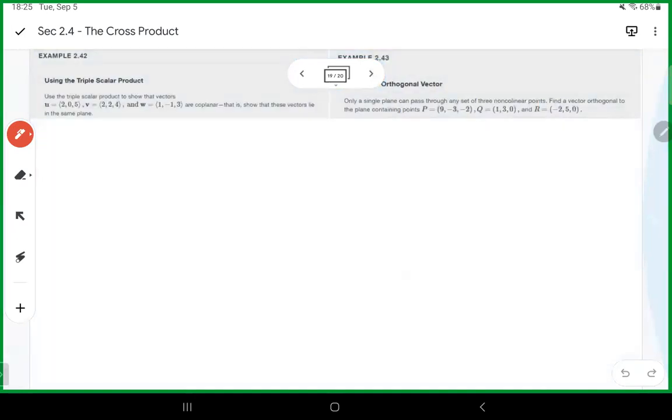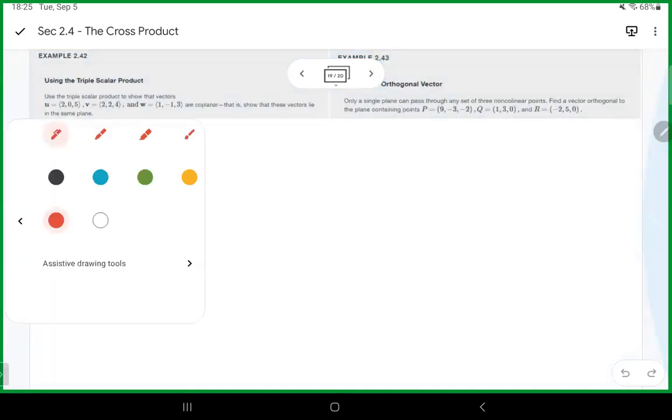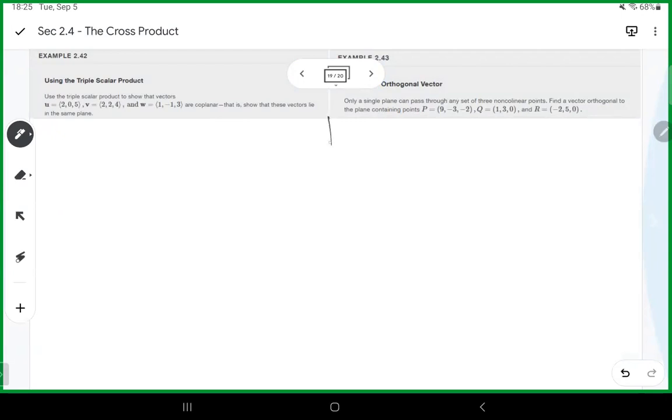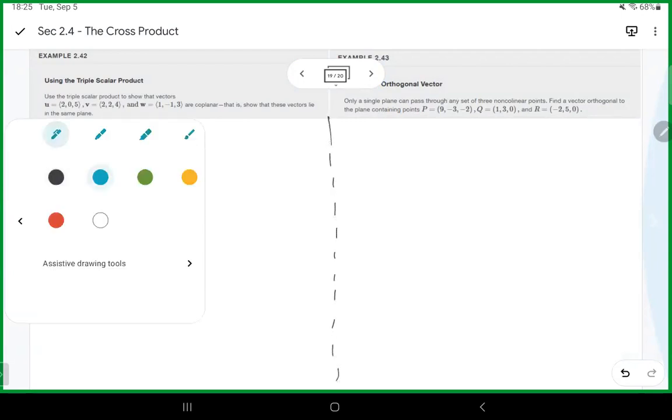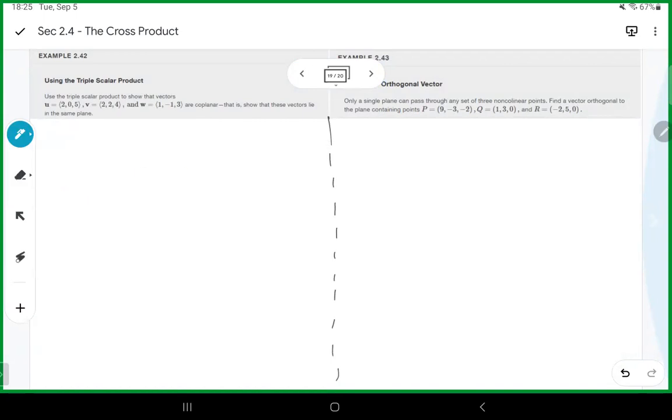All right. We do problems on this page because I had to make it work. So using the triple scalar product, that's where we use this part.